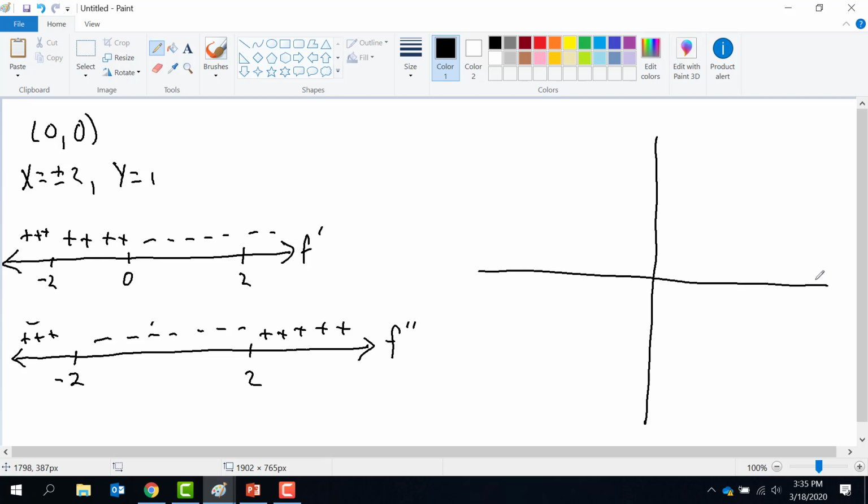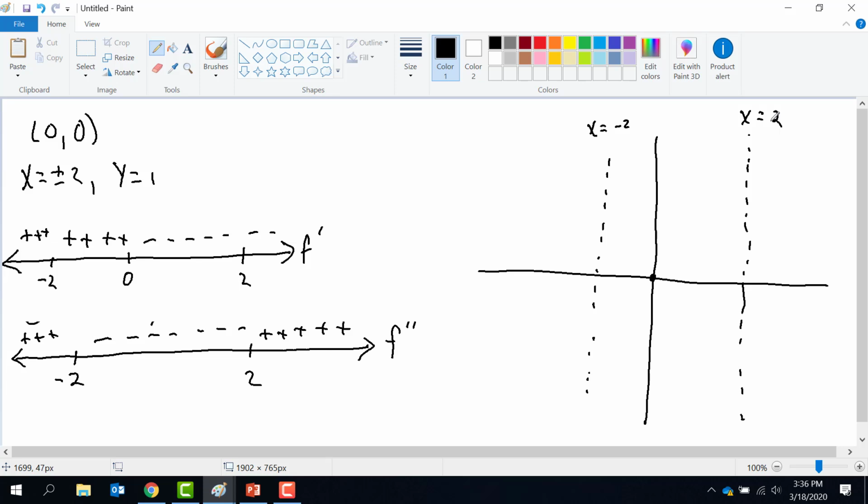And we have the point 0, 0 on our graph, the only point that we're going to use. We have vertical asymptotes at x equals negative 2 and x equals positive 2. Okay.